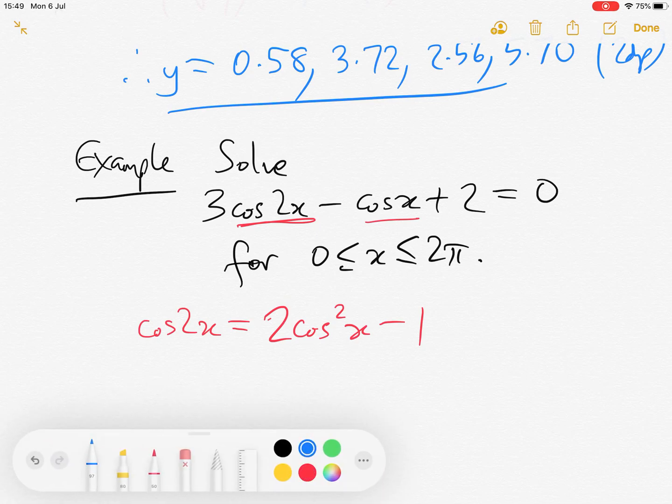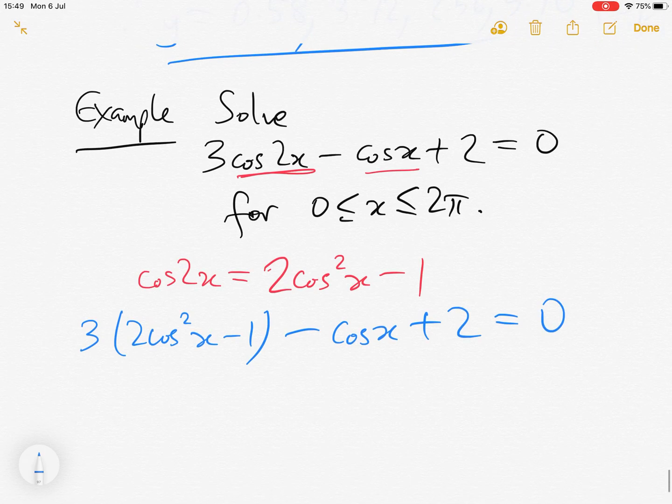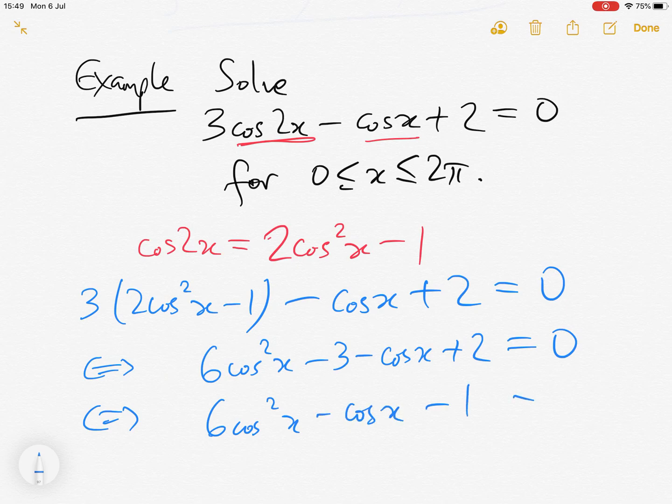So the equation is going to become 3 lots of 2 cos squared x minus 1 minus cos x plus 2 equals 0. And then if we expand the brackets, we've got 6 cos squared x minus 3 minus cos x plus 2 equals 0. And that's equivalent to 6 cos squared x minus cos x minus 1 equals 0.